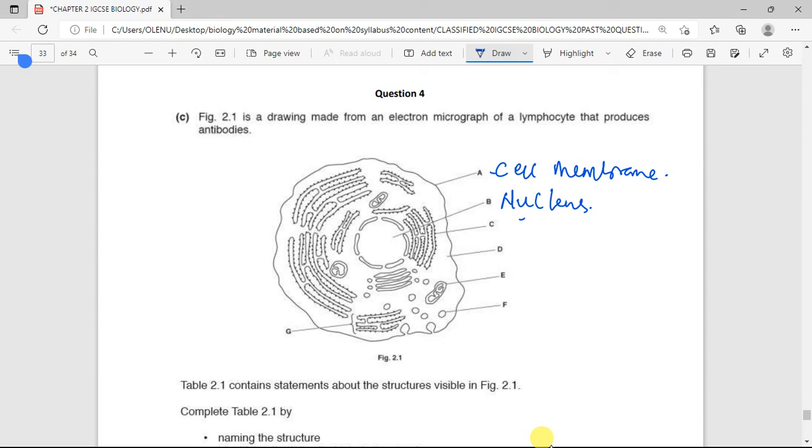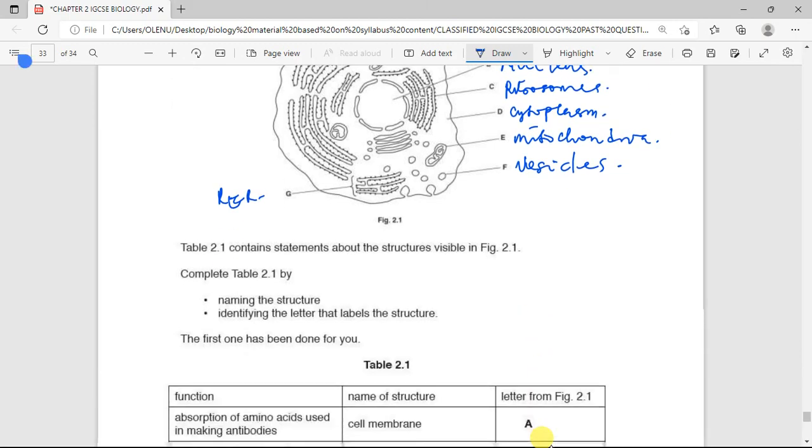It's touching a single dot there. That makes it the ribosomes. This is the cytoplasm. This is the mitochondria. This is small vacuole or vesicles, while this is rough endoplasmic reticulum, because it's looking at all of them.